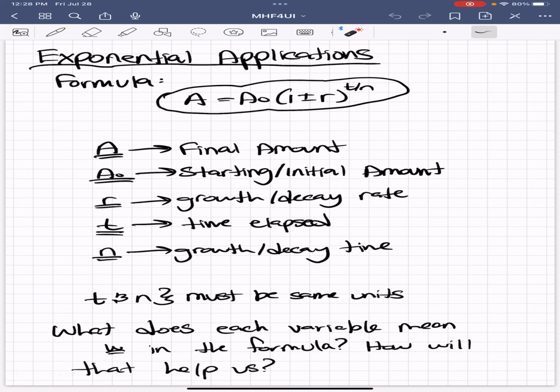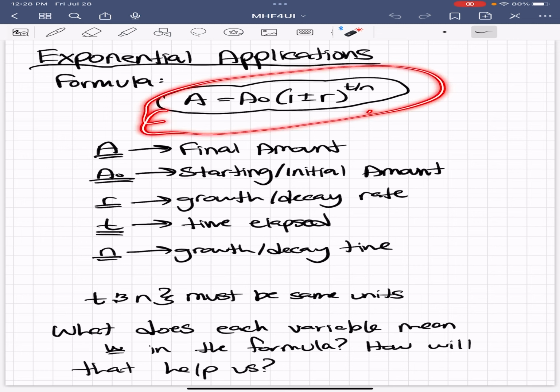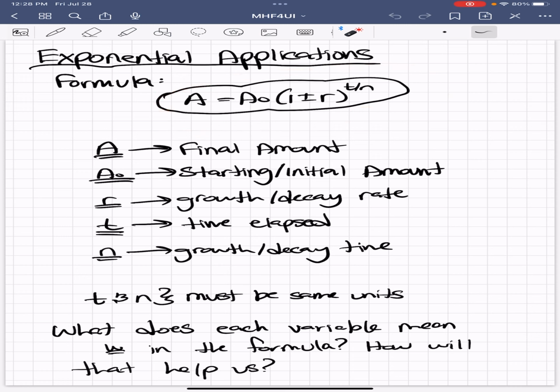So we have the formula right here. A equals A naught, brackets 1 plus minus R, bracket again, T over N, and that's an exponent. A is final amount, A naught is starting or initial amount, R is growth or decay rate, T is time elapsed, and N is growth or decay time.